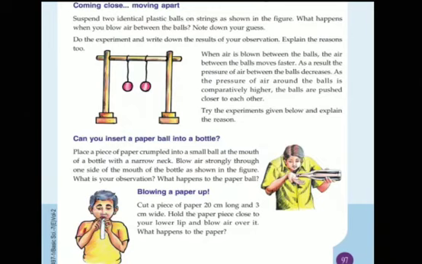But the air pressure around the balls is higher. So the balls are pushed closer to each other. So what happens when the air moves fast? Its pressure decreases. But the outside pressure is always high. That is why the balls are pushed closer to each other.